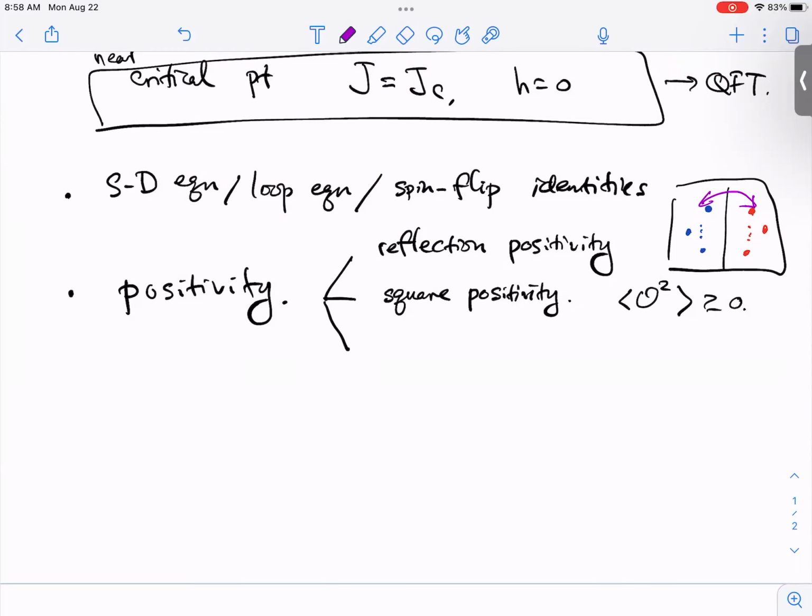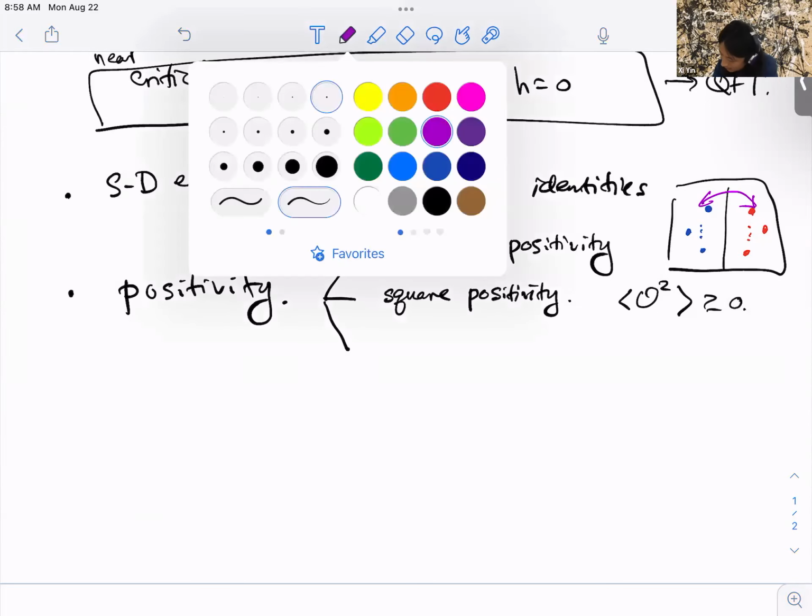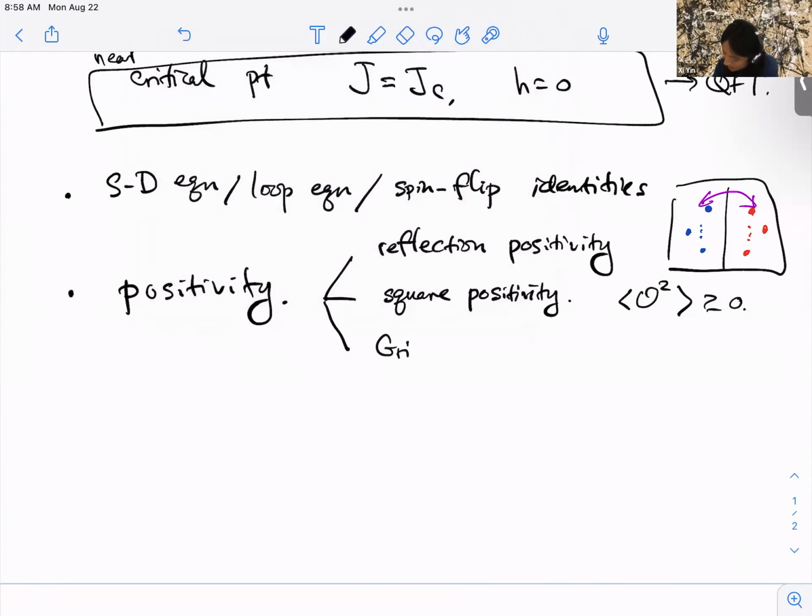Okay, good. And the third type of inequalities that are going to be relevant are the Griffiths inequalities. It turns out that they can help with improving the constraints, but they're not too essential.